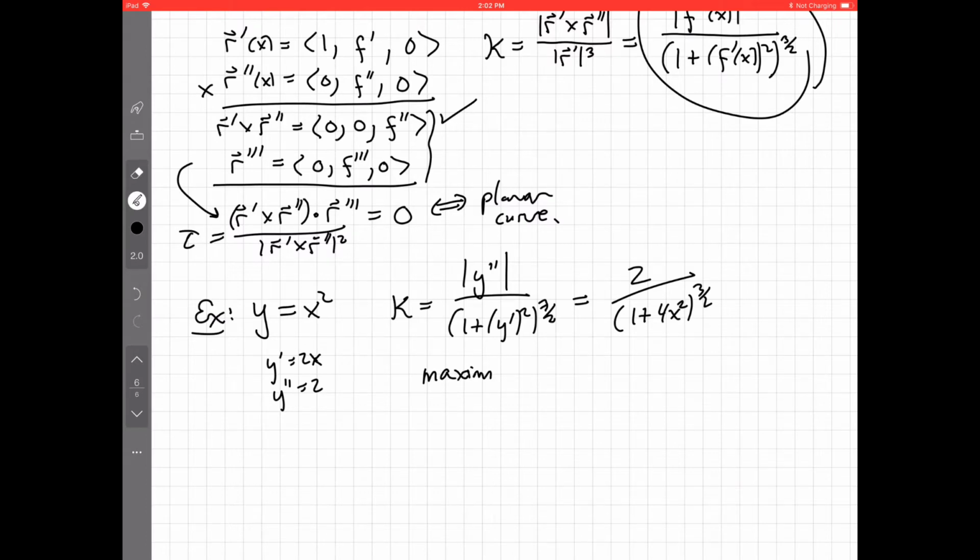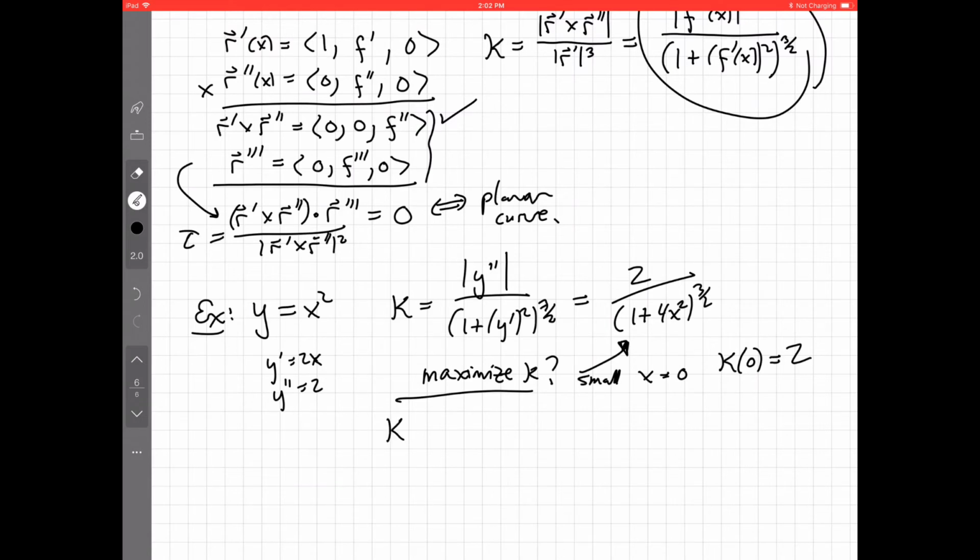What if we wanted to maximize kappa? Okay, what's the maximum curvature we experience? Well, notice to maximize it, we would want to make the denominator small, right? And to make it small, we would need to make x equal to 0. That's the smallest it can be. So maximum curvature occurs when x is 0, and the maximum curvature comes out to be 2, because it's 2 over 1 raised to the 3/2 power.